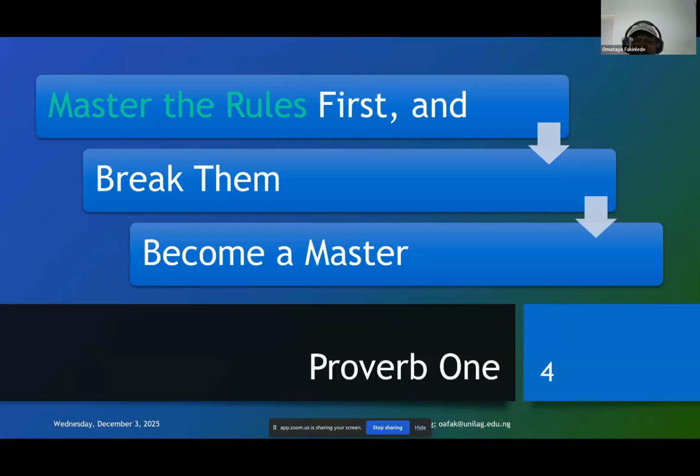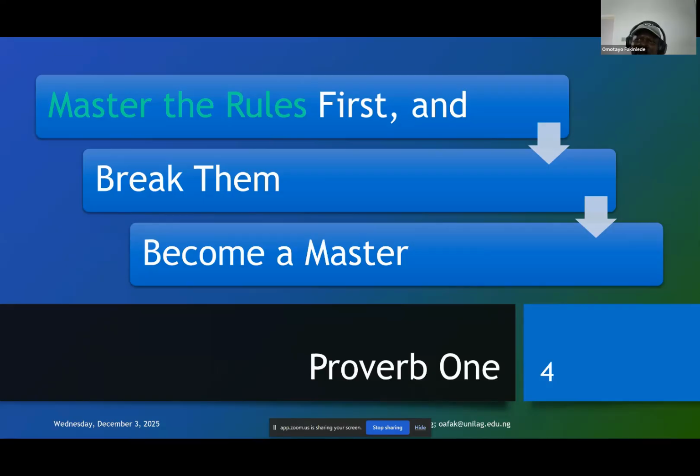The rule number 1 is that you master the rules first and then break them to become a master. That's proverb number 1. If you start breaking the rules without mastering them, you're a fool. Shouldn't be a fool. Know the rules before you break them, because when you know them, then you can see whether breaking them makes your situation better or not.